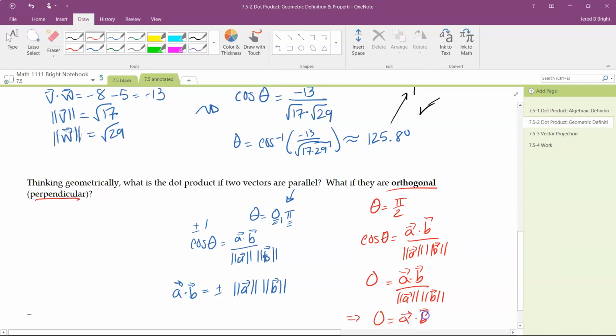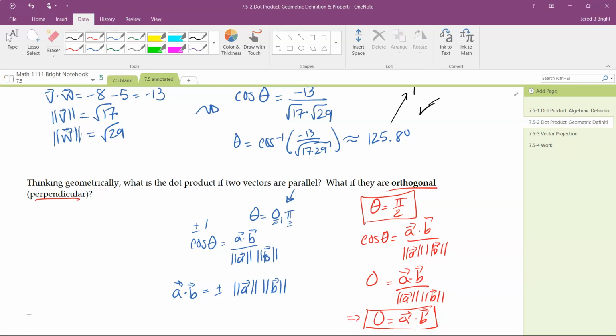So the upshot of all this is, if we ever get a dot product that is 0, that means that the angle between them is pi over 2 or 90 degrees. Okay, so that is some very useful results of the geometry here.